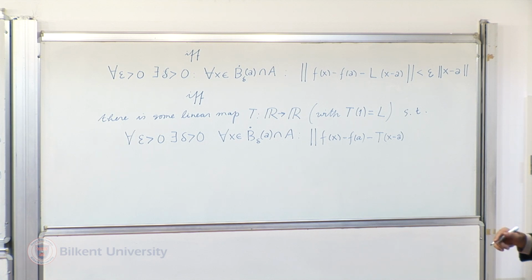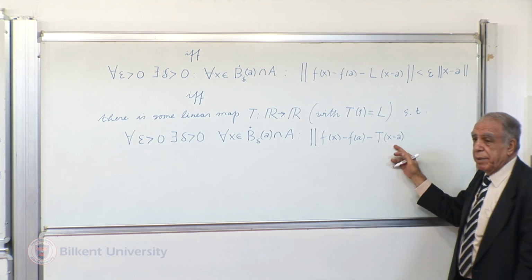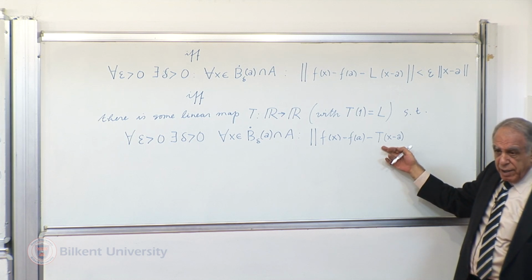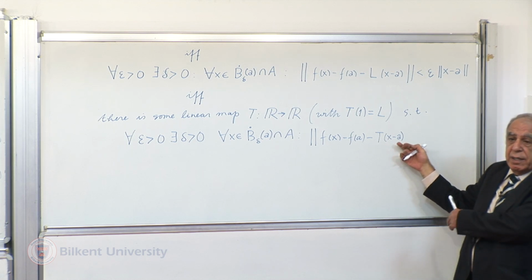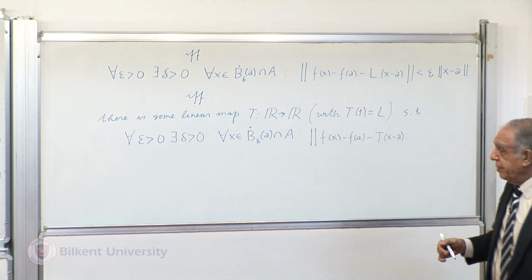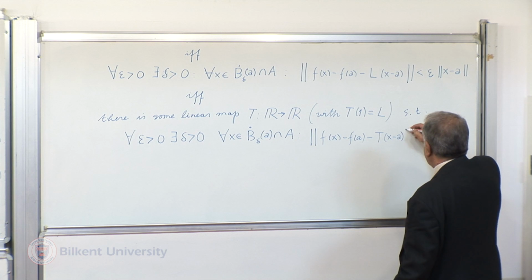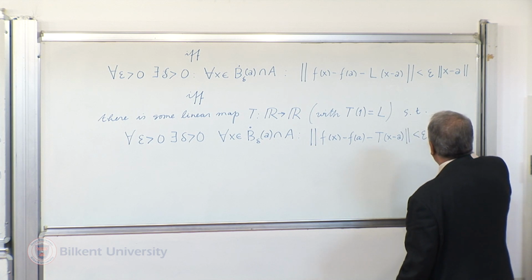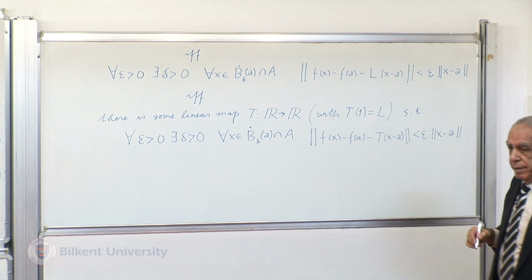T of, this now is not a multiplication, T is a function. This is T of x minus a, and that's equal to L times x minus a. So it's exactly this, less than epsilon times the norm of x minus a.